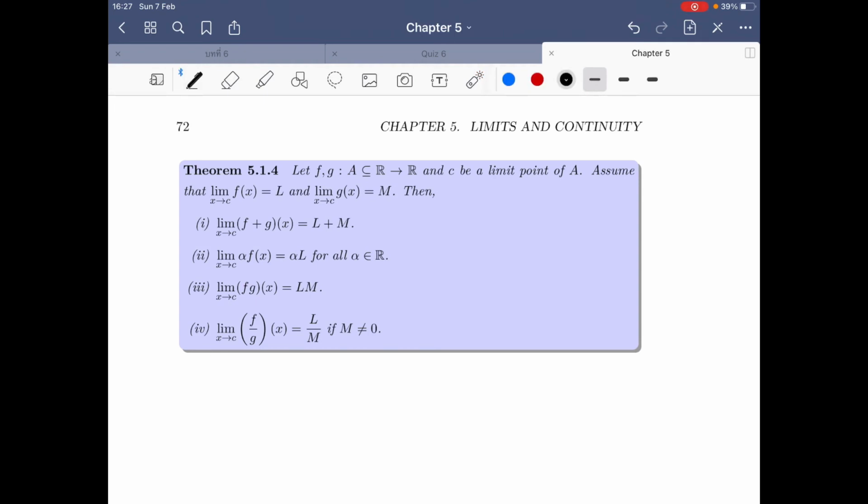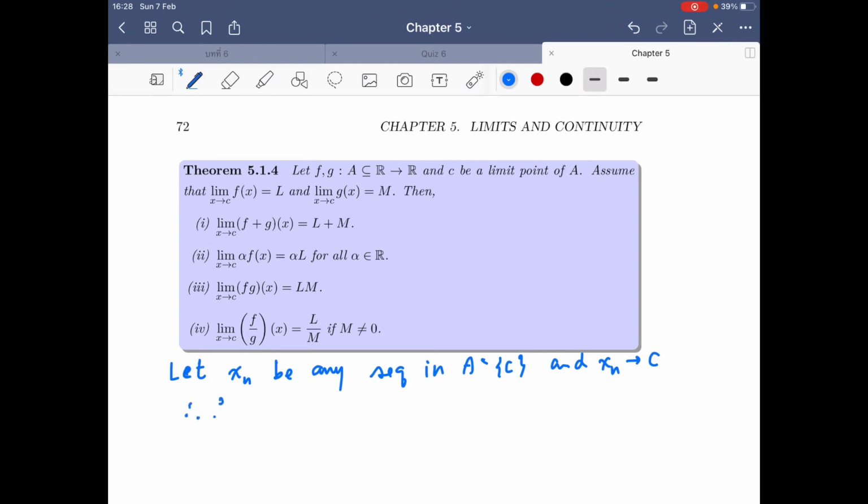We are again going to use the sequential criterion, or the sequential definition of the limit, to help us prove this theorem. Let xn be any sequence, because we are talking about all sequences in A other than the point c, and xn goes to c as n goes to infinity.